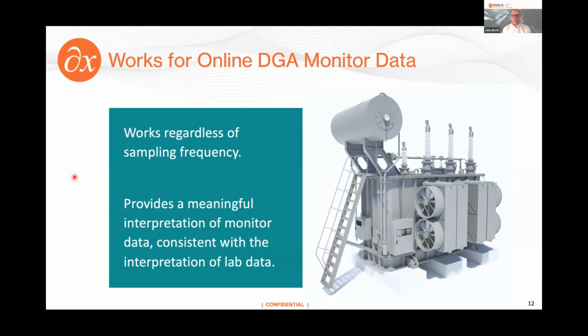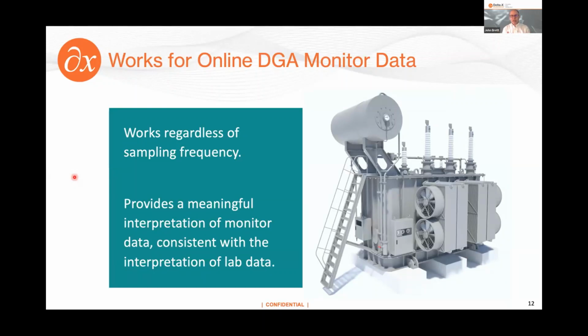And it'll give you a meaningful interpretation that is consistent with the interpretation of the lab data. As was just discussed, you're still going to do manual sampling of transformers that have monitors. You might do it less frequently, but you still want to compare, because you want to double check that the monitor is working correctly, and vice versa, as was discussed.